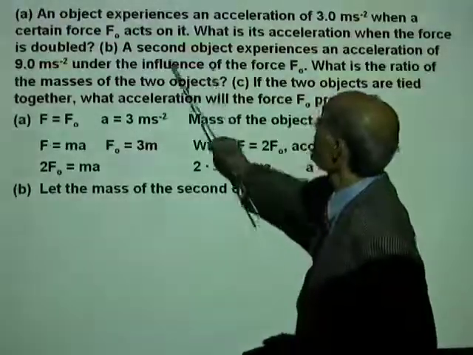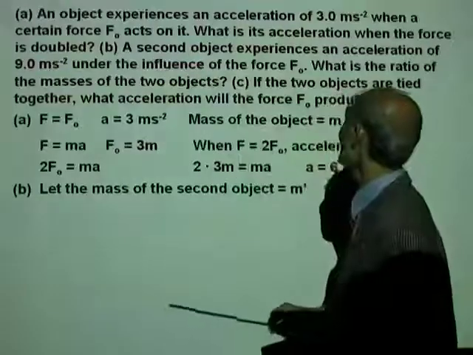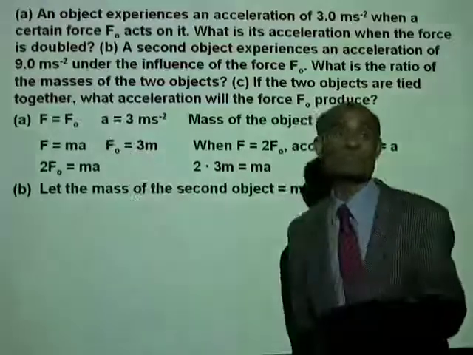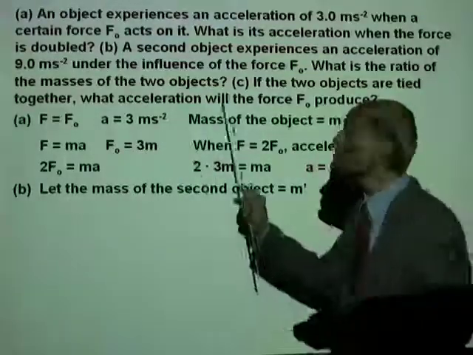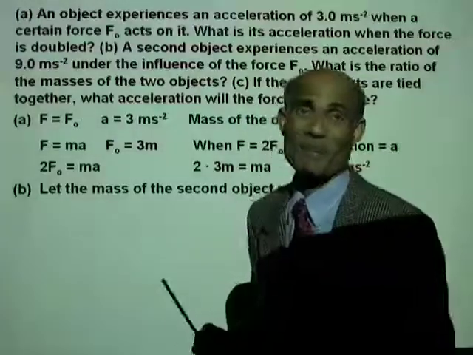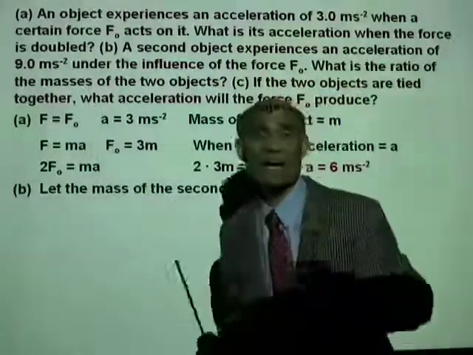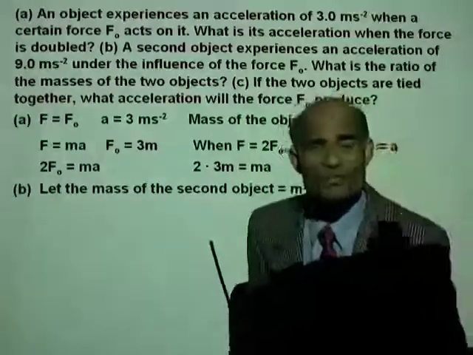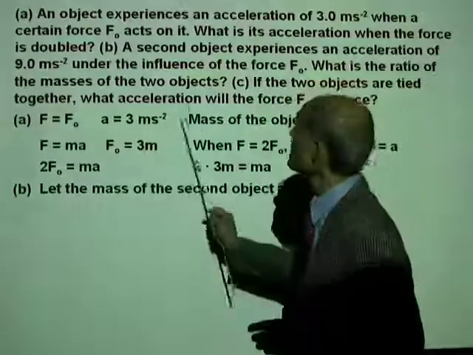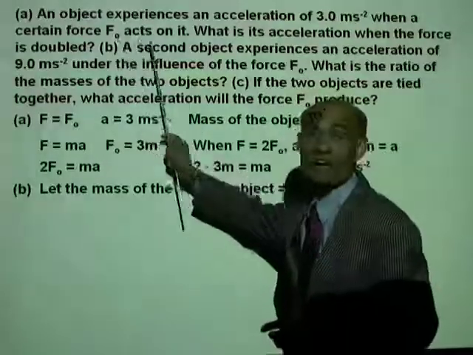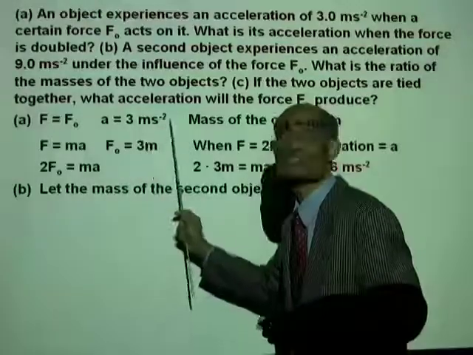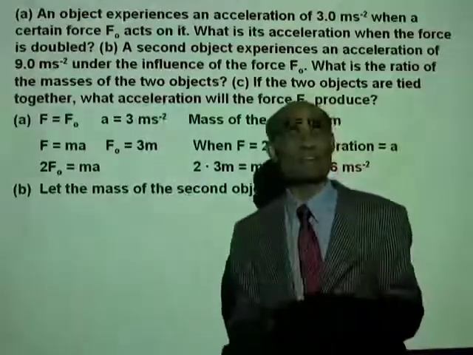B. A second object experiences an acceleration of 9 meters per second squared under the influence of the same force F0. Now tell me, is this second mass greater than or smaller than the first mass? The force F0 acting on the first mass produced an acceleration 3 meters per second squared.